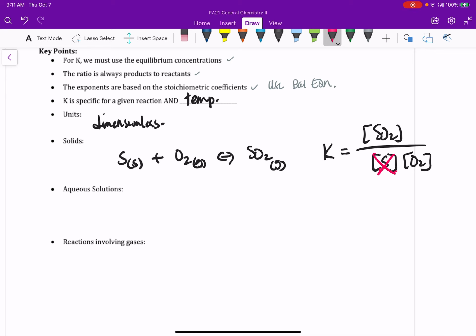reactants are. So when we calculate an equilibrium constant, we are not going to include any substance in our reaction that is a solid. When we're working with aqueous solutions, a similar note to make, we don't include water.